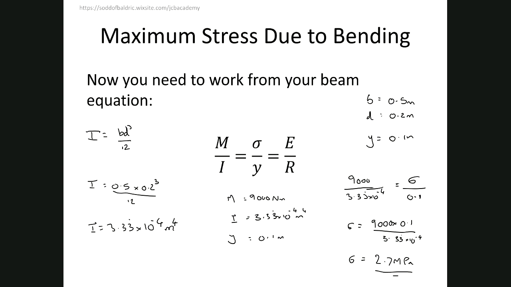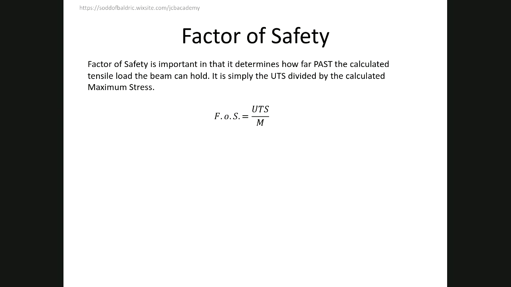Okay, so we've now got our maximum bending stress. What we then need to work out is the factor of safety. The factor of safety brings in the ultimate tensile stress. If we remember, just sketching loosely, when we put a material under stress, it'll follow a straight line and then it'll do something like that and then it'll break.